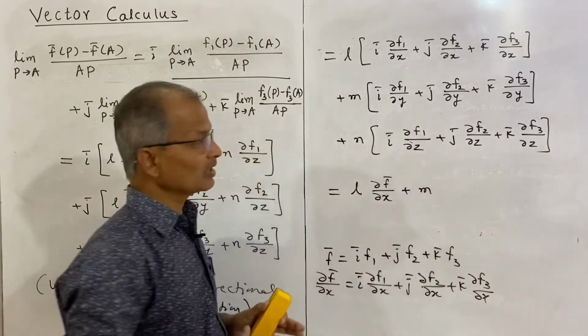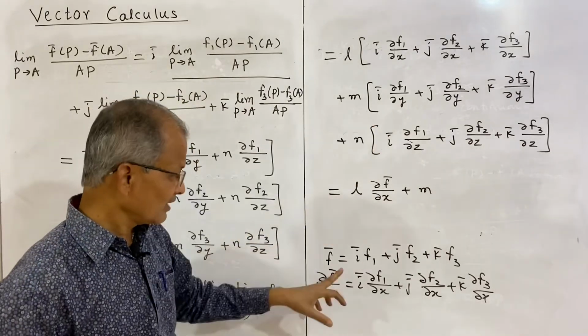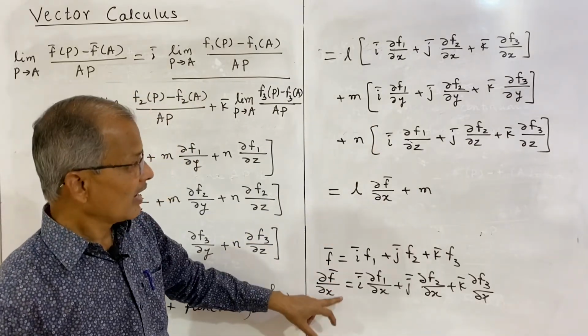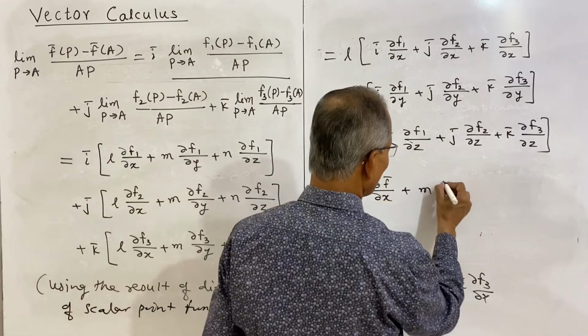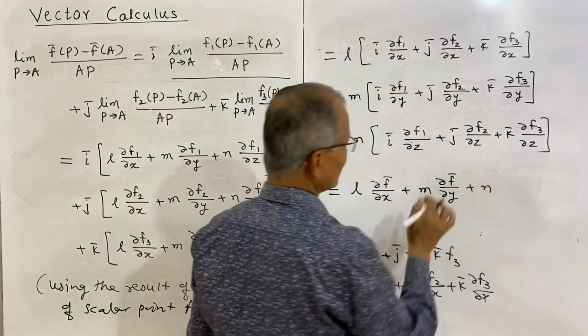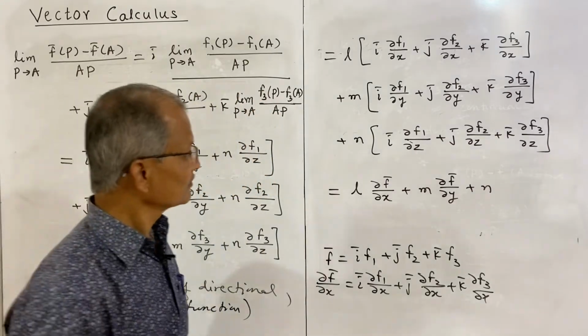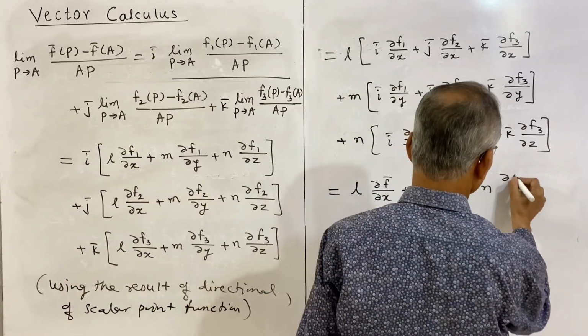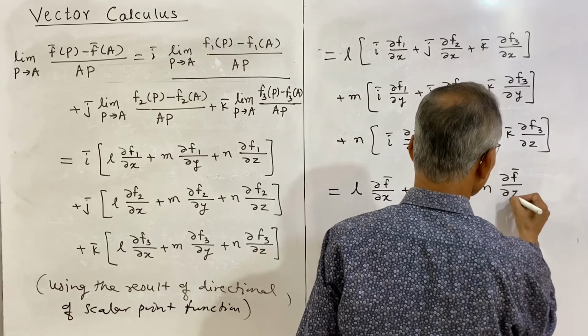What is this expression? This is the partial derivative of f bar with respect to y, and that is m ∂f̄/∂y, and the third term is n times the partial derivative of f bar with respect to z.